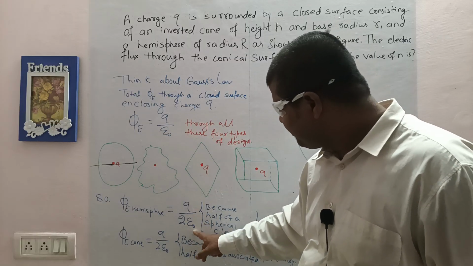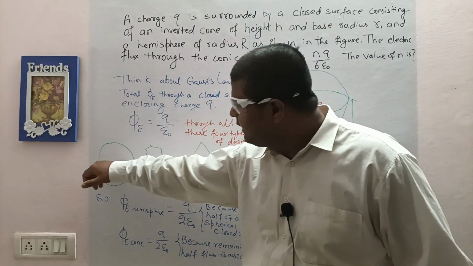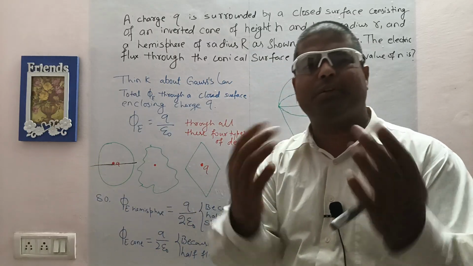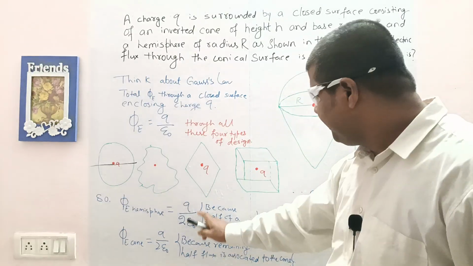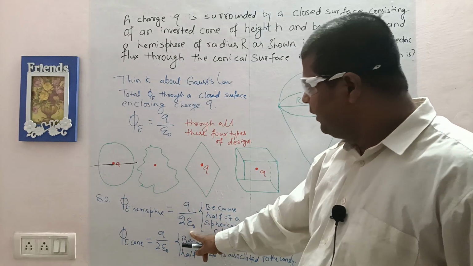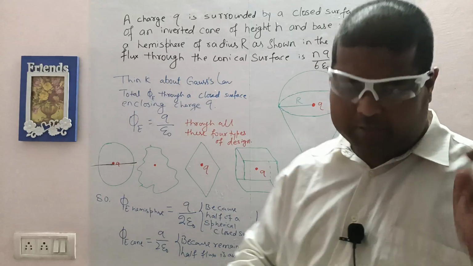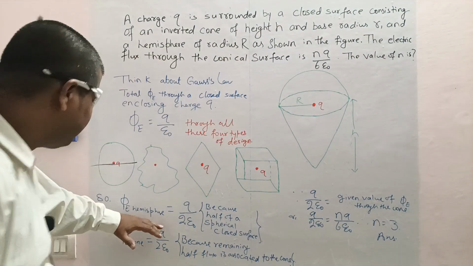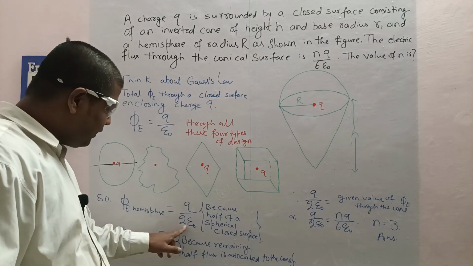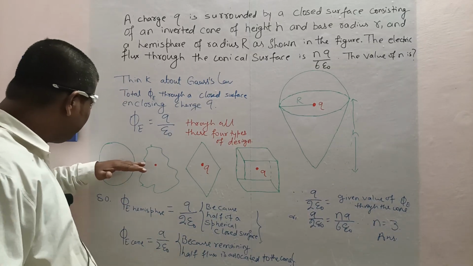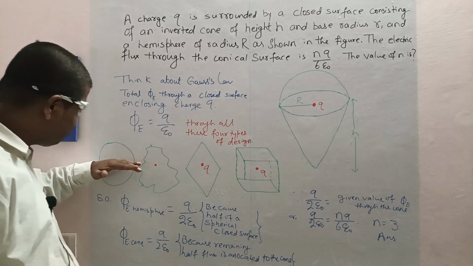So Q by 2 epsilon naught, because this hemisphere is half of the total spherical Gaussian surface which is enclosing the point charge. And see, this is the key point of this question, how to solve it. This passes through the half of the Gaussian surface, which is the hemisphere here.